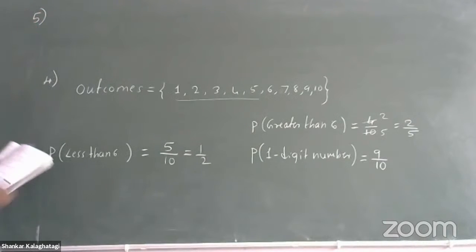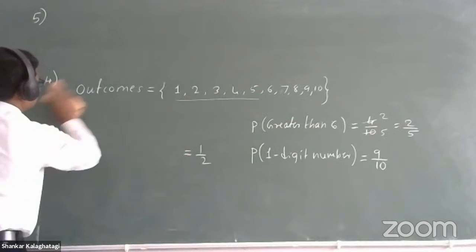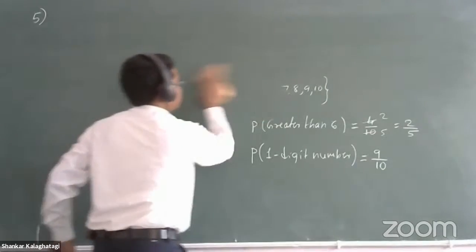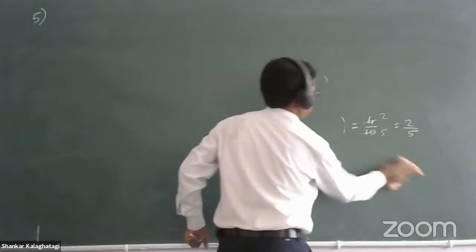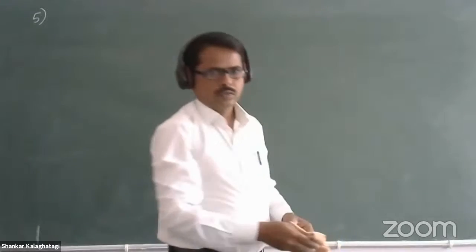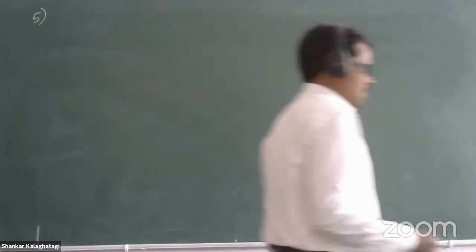Fifth main question now. So what is given in the fifth main? You just see, I'll read. If you are spinning a wheel with three green sectors, one blue sector, and one red sector, what is the probability of getting a green sector? What is the probability of getting a non-blue sector? They are asking. Okay, so first we shall draw one spinner.